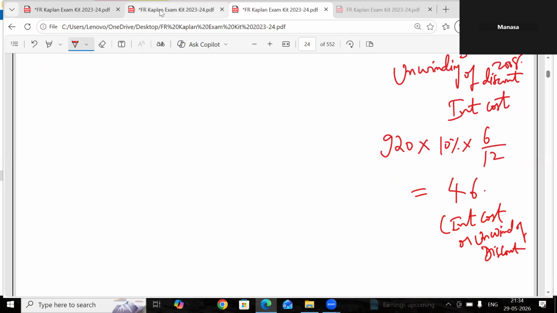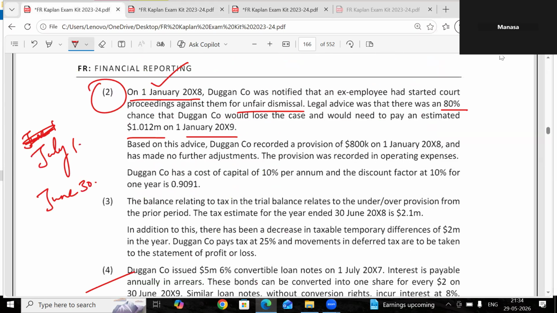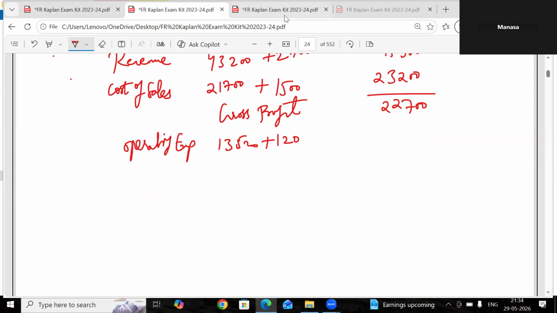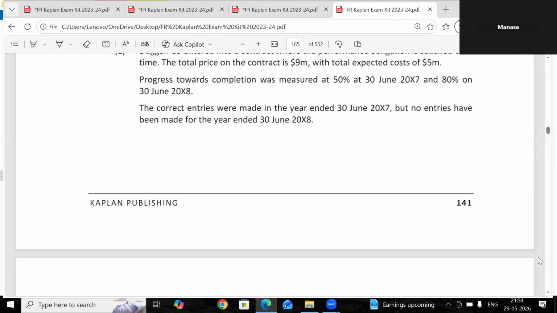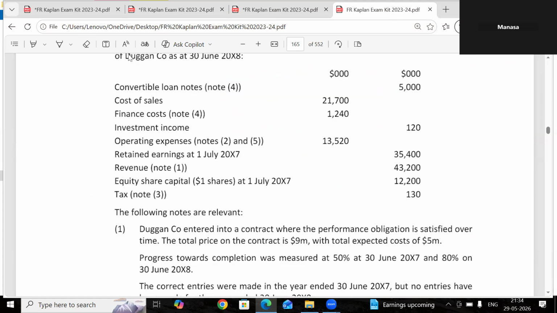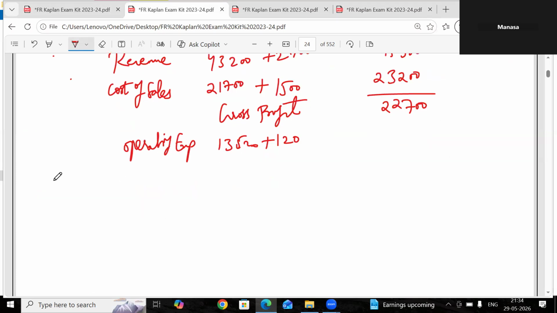So simultaneously, I'm writing the finance cost also. What is the finance cost? 1240 plus unwinding of discount.